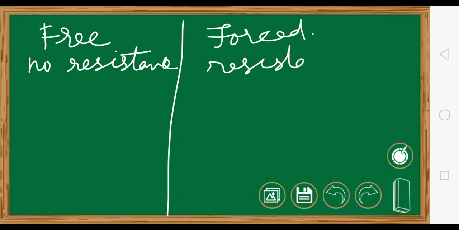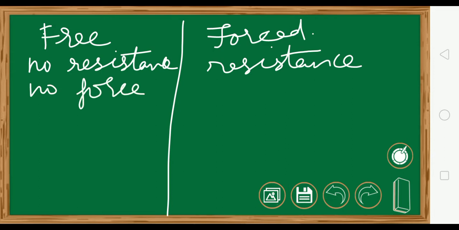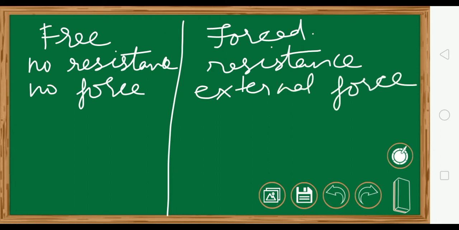They are having resistance of the particles, frictional resistance. Free vibrations have no external force acting on them. In forced vibrations there is an external force. And what is this force known as? Driving force.